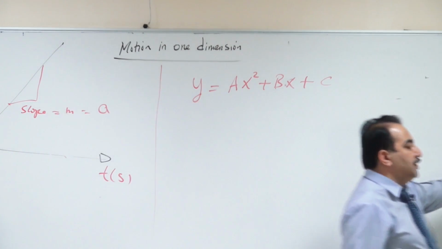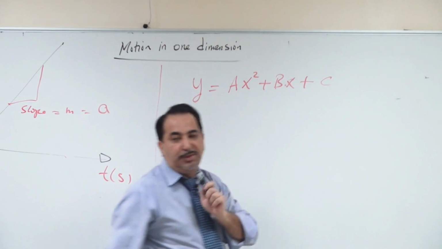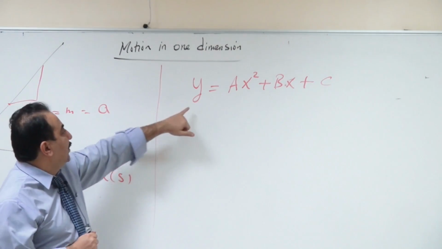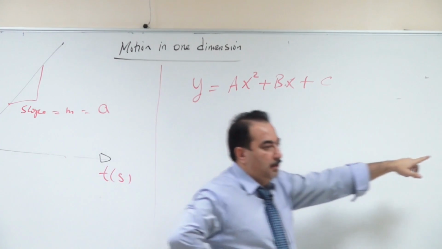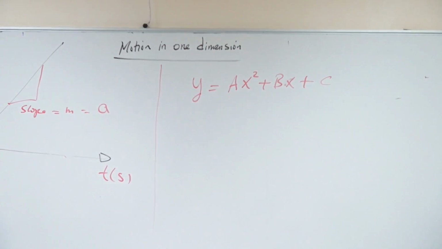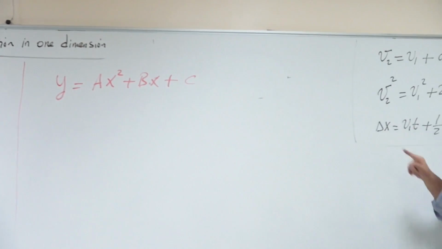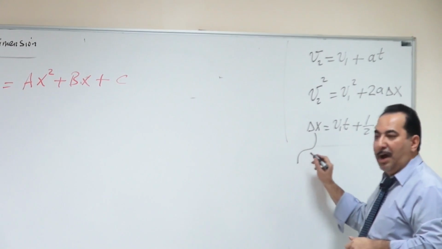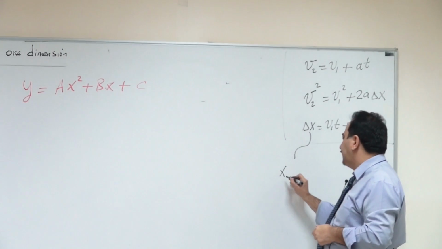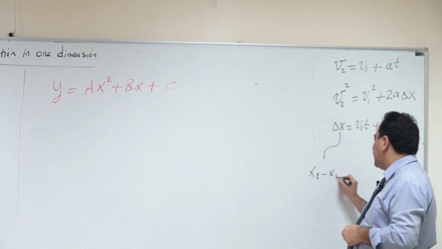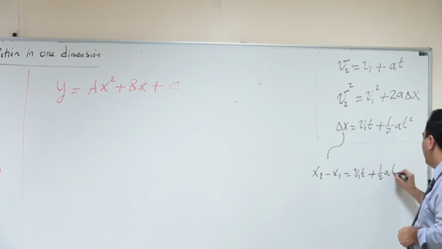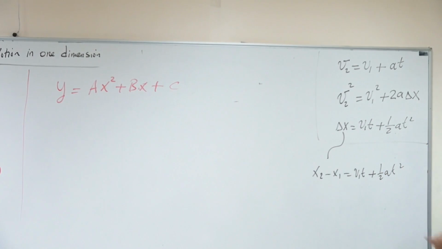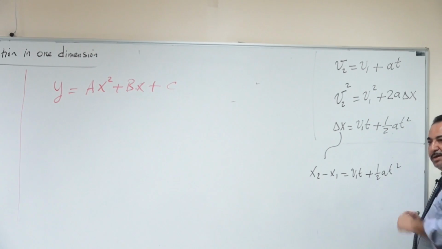Now, if I compare this one to this one, directly is not right. What do you have here, y or delta y? This is not y, this is a difference in position. So open this one up: x2 minus x1 equals v1t plus half at squared. Now move the x1 to this side.